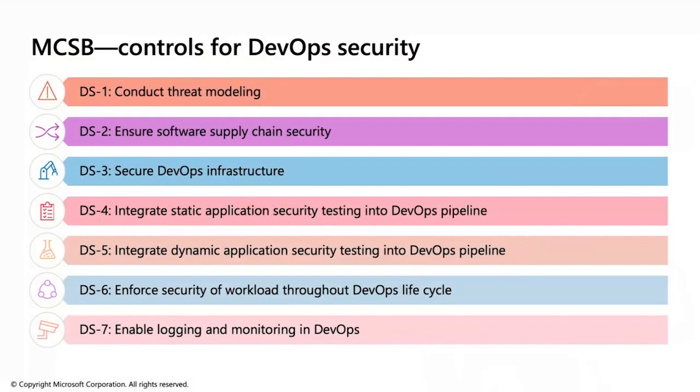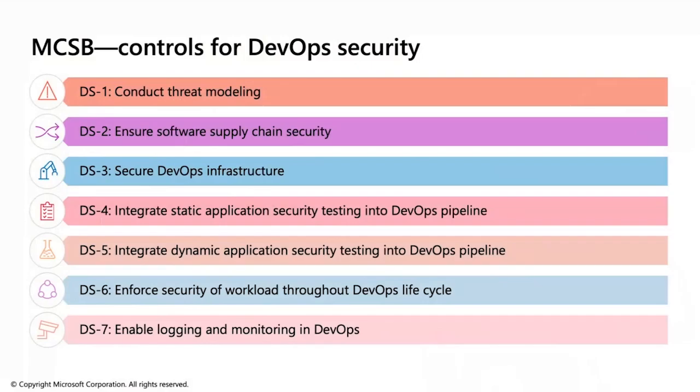So in a DevOps environment, we have lots of recommendations that we should implement. In MDC, in Microsoft Defender for Cloud, we can connect GitHub, Azure repositories, or this kind of DevOps environment.